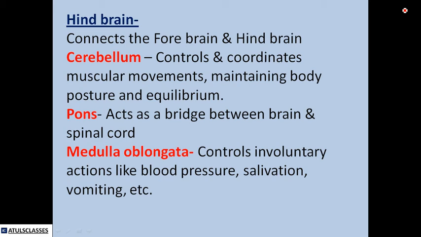The pons acts as a bridge between the brain and the spinal cord. And lastly, the medulla oblongata controls involuntary actions like blood pressure, salivation, and vomiting. All these organs control specific functions of the body.